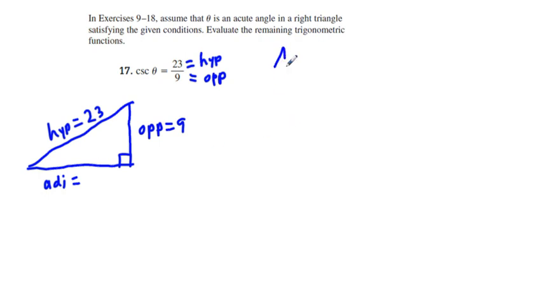Well, again, a squared plus b squared equals c squared. We'll say we don't know what a squared is. We'll say a squared equals 9 squared plus 23 squared.